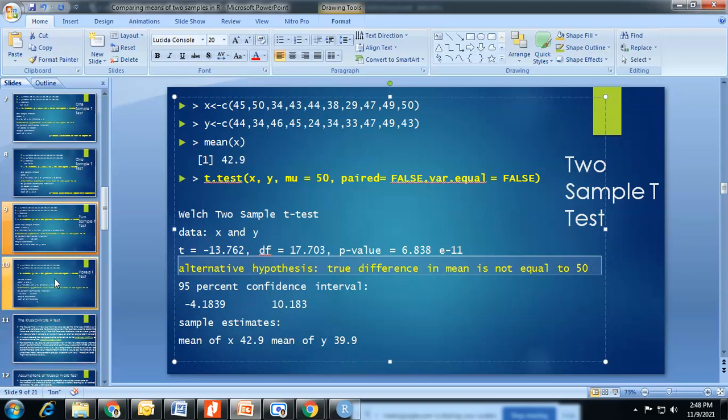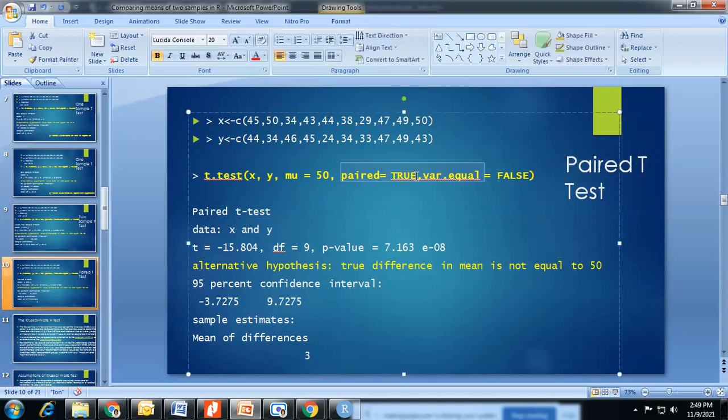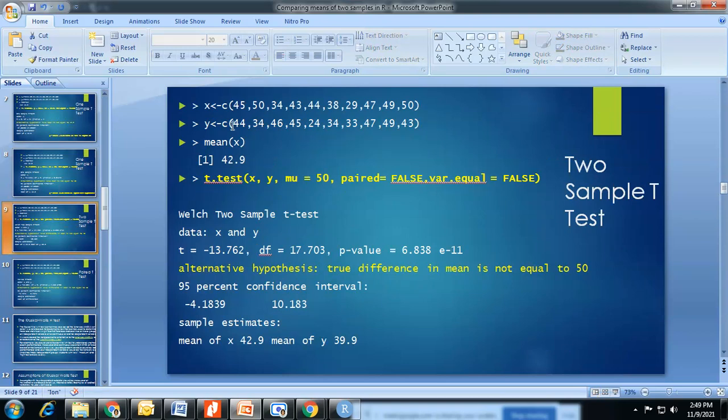That is the two sample t-test. In the case of the paired t-test, the only difference is that you define paired is equal to true. For all the previous examples that we have seen, we defined paired is equal to false, right?